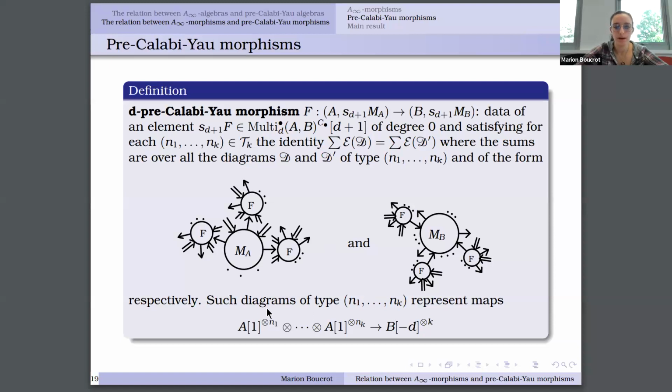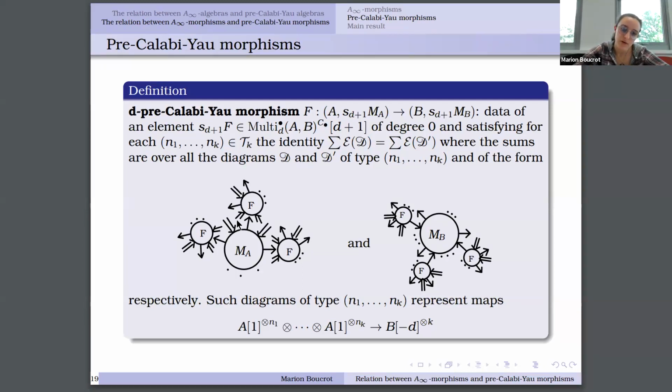So we want those identities to be in the space of maps going from this tensor product to this one. So we will put some maps F in all the outputs of MA in order to go in B and not in A.